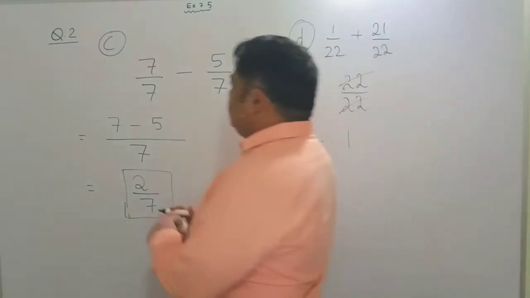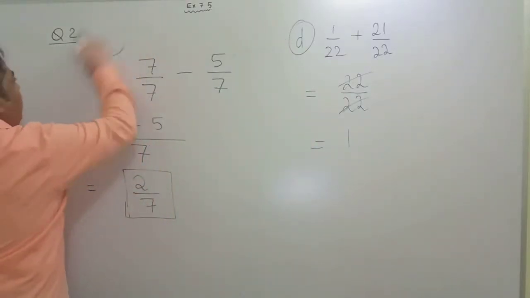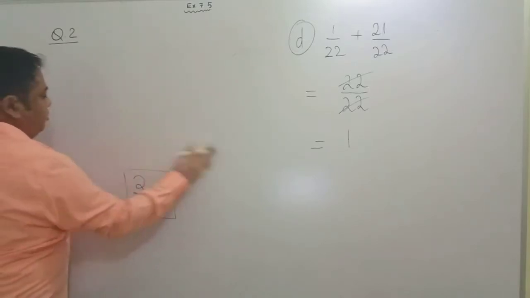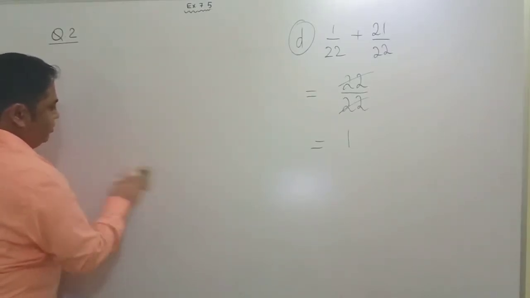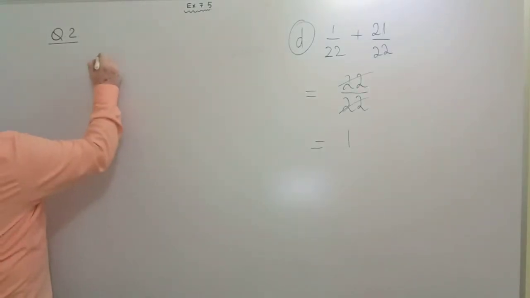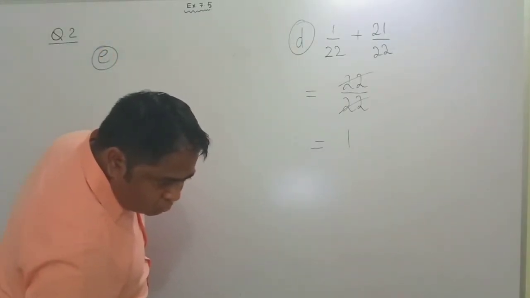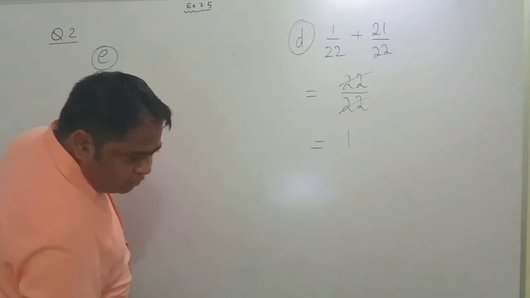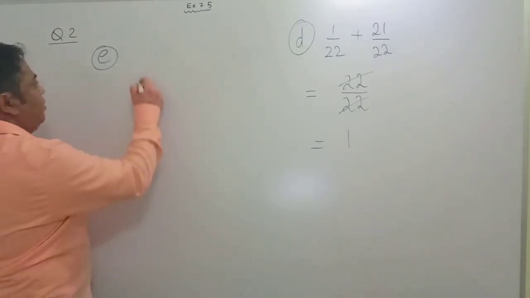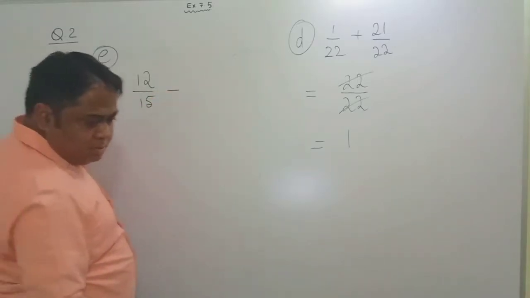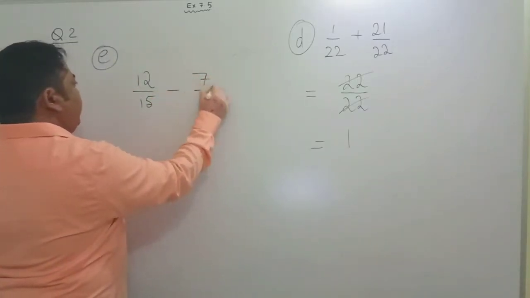Question number 2E. 12 by 15 minus 7 by 15.